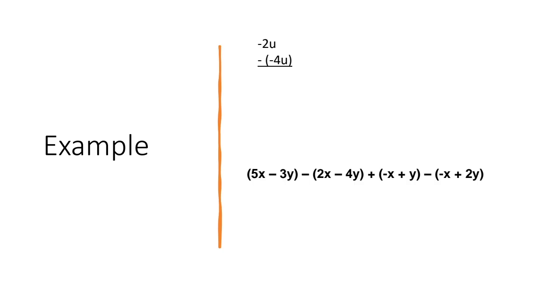So in this example, we have a negative 2u subtract a negative 4u. We don't really use this sort of format very often, but you are going to see this in assignments and it is important to know. But what I like to do is have students rewrite this as we're familiar with, negative 2u minus negative 4u.